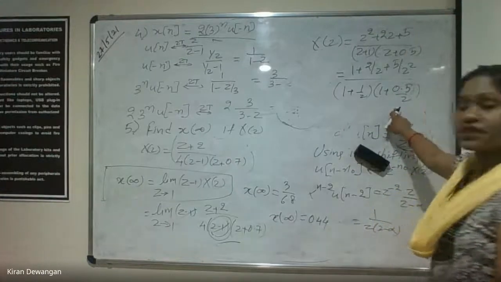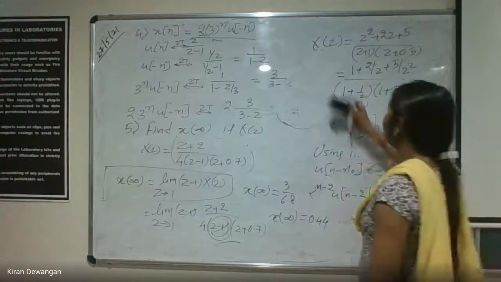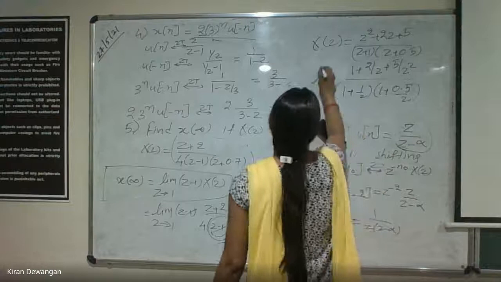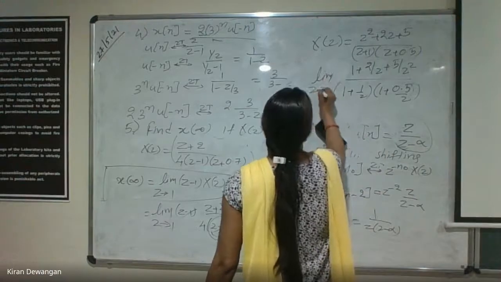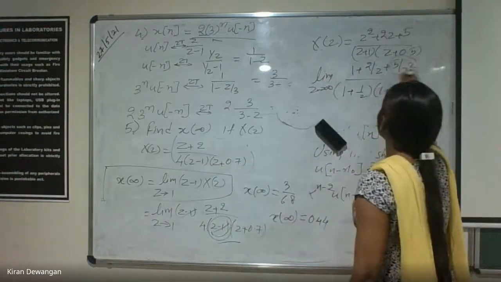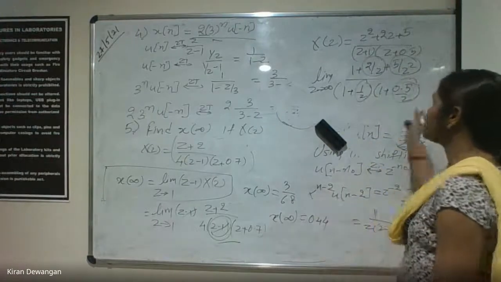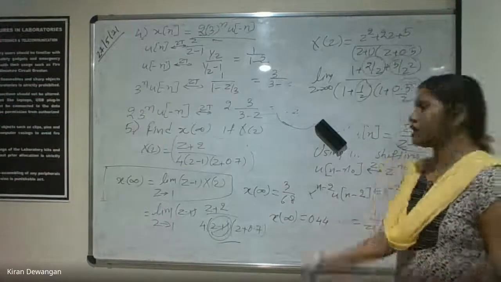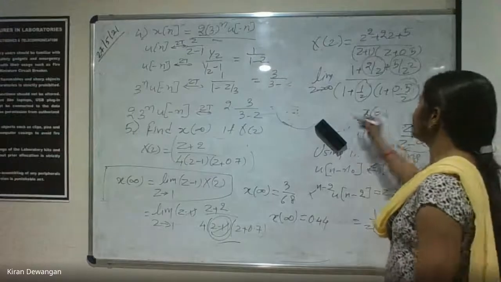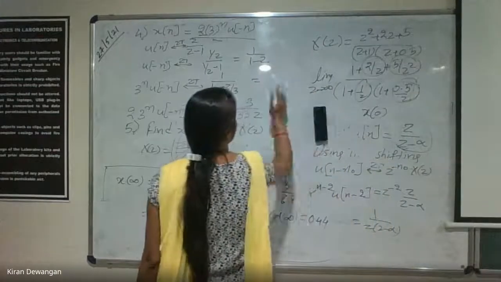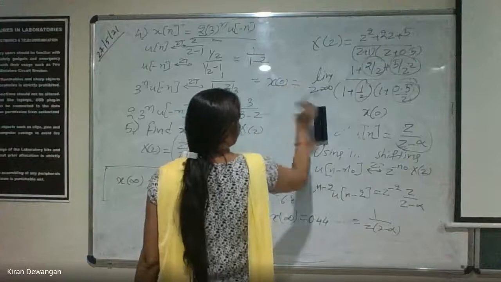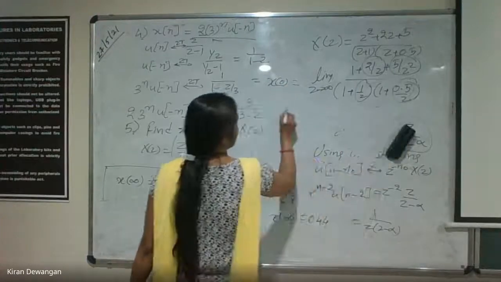Now this can be my x of z. Here if I apply the limit z tends to infinity, these terms will be 0, and accordingly I'll get my x of 0.